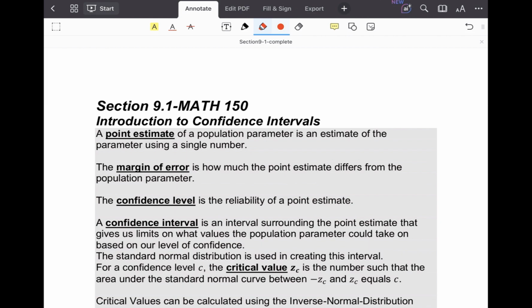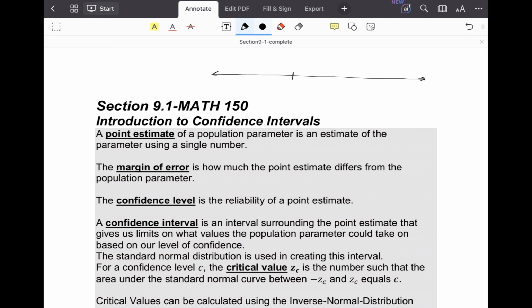Once we have that point estimate, we want to put a region around this point estimate, and this full region is called our confidence interval. Now, the distance from the middle of your confidence interval, so let me just draw a quick picture. Here's a number line.